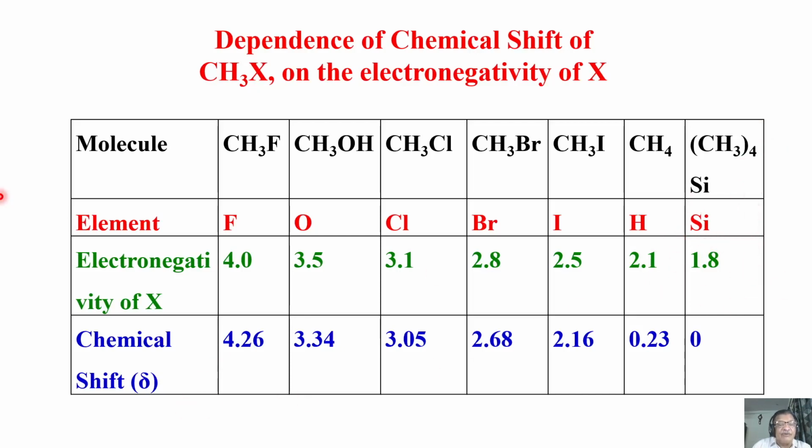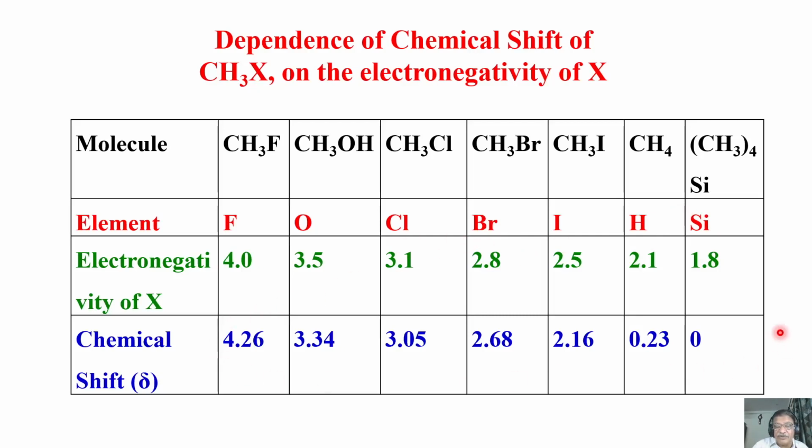Look at the chemical shift, what is happening now. This starts with 4.26, we saw 3.34. These three examples we saw in one of the previous slides, and when it comes to tetramethylsilane, which we took as a reference, it is 0. See, as a substitution effect, electronegativity on a group like this, depending upon fluorine, oxygen, chlorine, bromine, iodine, changes drastically.